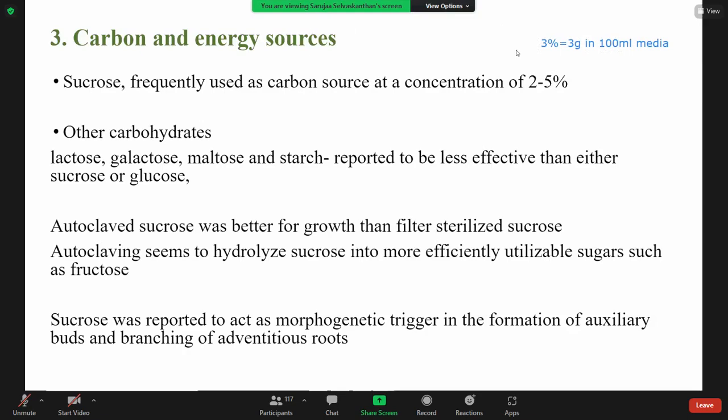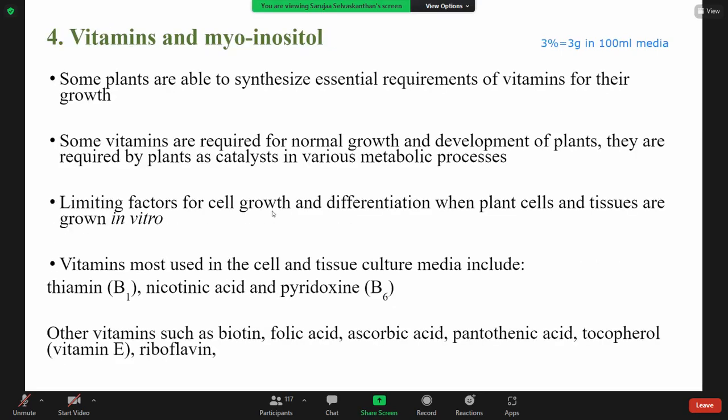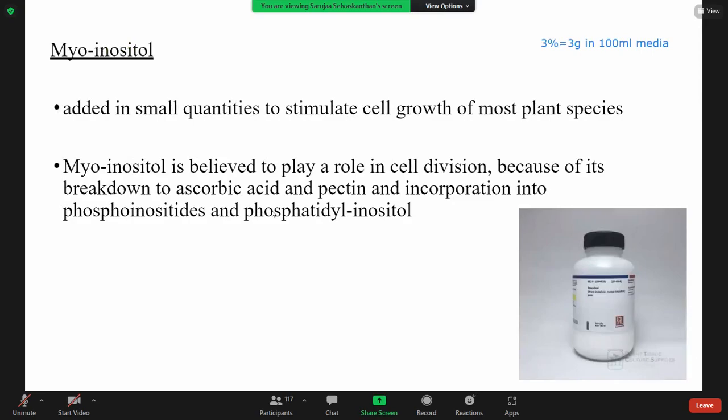So we have to add all the stock solutions which contain the macronutrients, micronutrients, vitamins, right? And in addition to that, we have to add the energy source, right? Myoinositol also, we have to add in minute quantity.